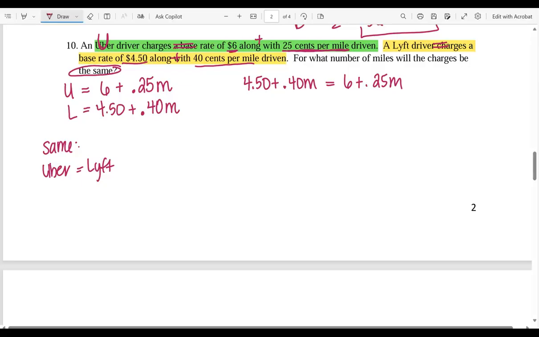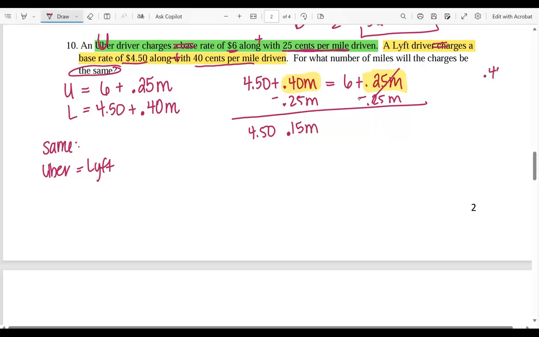Yes, I have decimals going on, but the process isn't changing. Starting off with my miles, I need to get them on the same side. So let's subtract our smaller, our 0.25M, to the other side, leaving me with 4.50. 40 minus 25 would be 15, but remember it's a decimal.